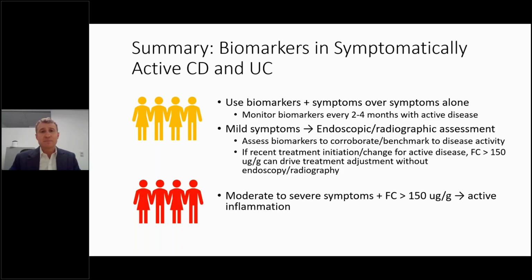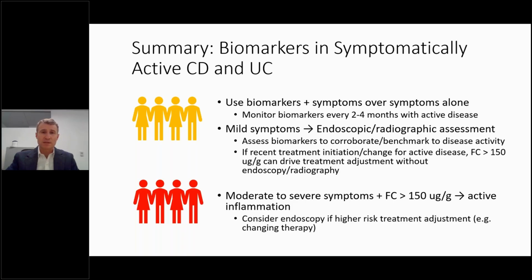Compared to mild symptoms, those individuals with Crohn's disease and ulcerative colitis who have moderate to severe symptoms and elevated fecal calprotectin levels greater than 150, that can be confidently associated with a likelihood of underlying endoscopic disease and active inflammation, and we don't necessarily need endoscopy or imaging to confirm that, and we can therefore make treatment adjustments.